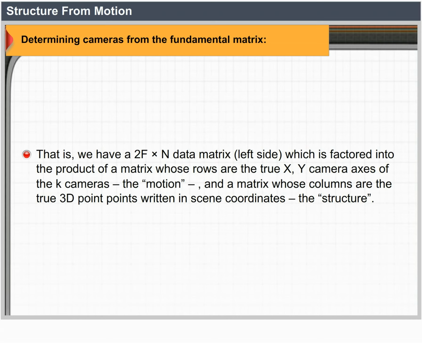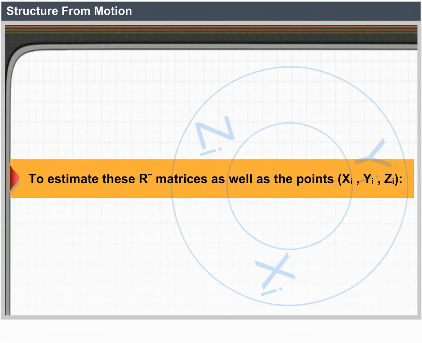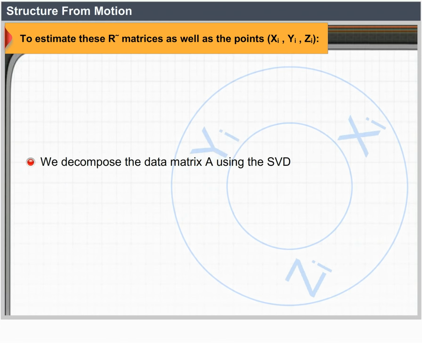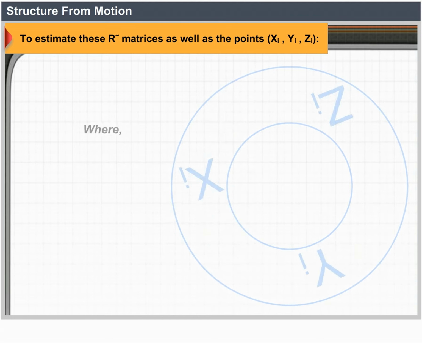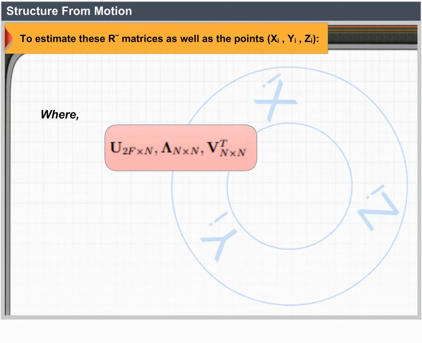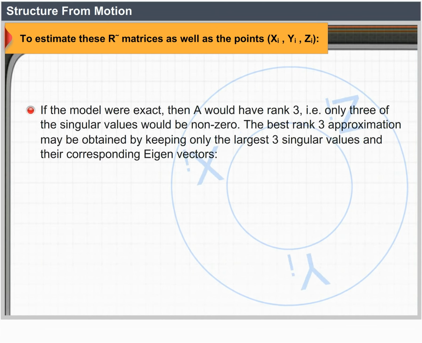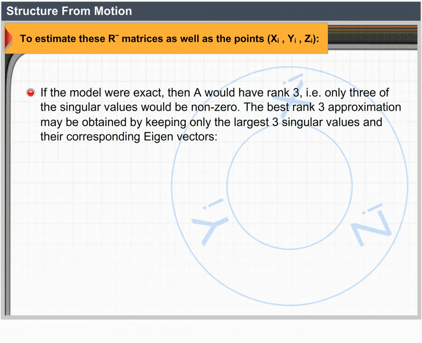To estimate these R' matrices as well as the points xi, yi and zi, we decompose the data matrix A using the SVD, A equals U Σ V to the power t, where U is 2F cross N, Σ is N cross N and V to the power t is N cross N. If the model were exact, then Σ would have rank 3, that is, only 3 of the singular values would be non-zero.